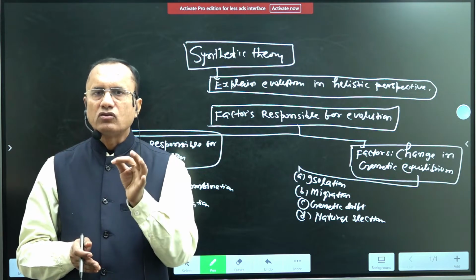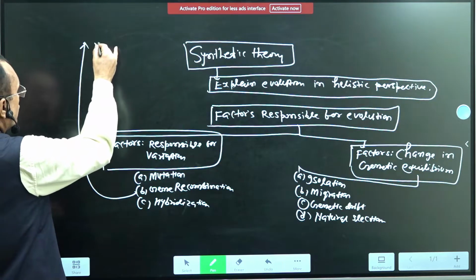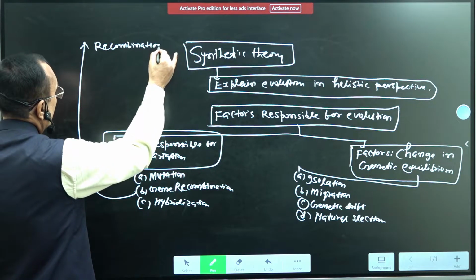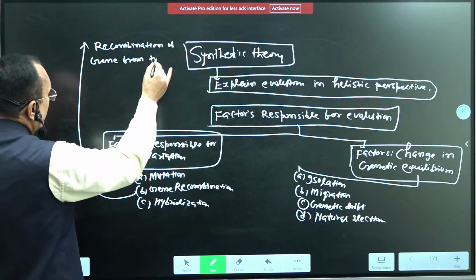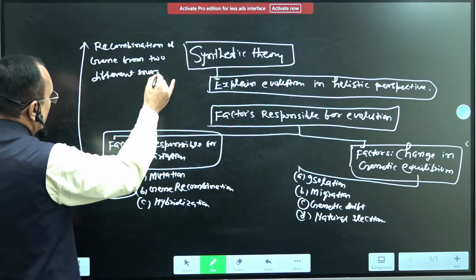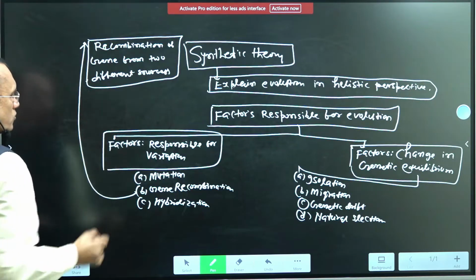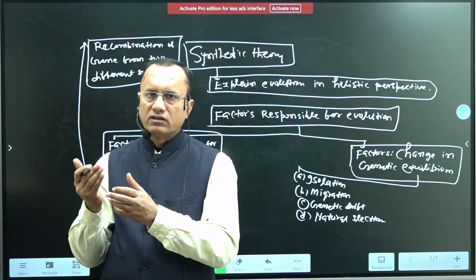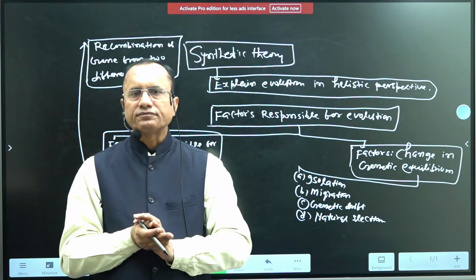Second, gene recombination. What do you mean by gene recombination? It means recombination of genes from two different sources, right? You can easily understand that on the basis of an example from the human reproductive system.